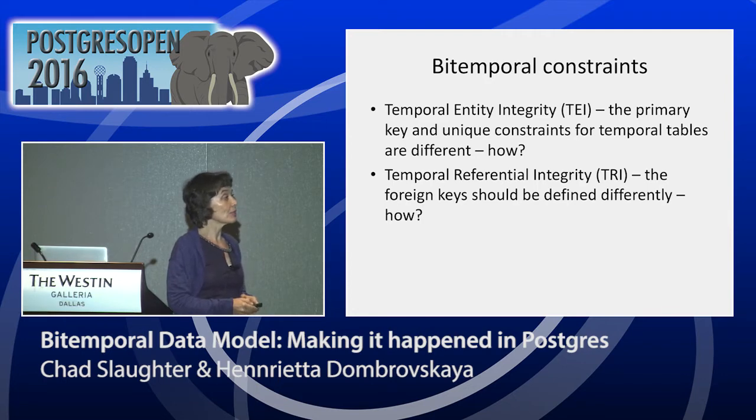First of all, it's temporal integrity constraints. So primary key and unique constraints will be different in the bitemporal world. And temporal or bitemporal referential integrity, the foreign keys, will also be very different in the bitemporal world. So we will talk about this in a little bit when we move to the implementation.